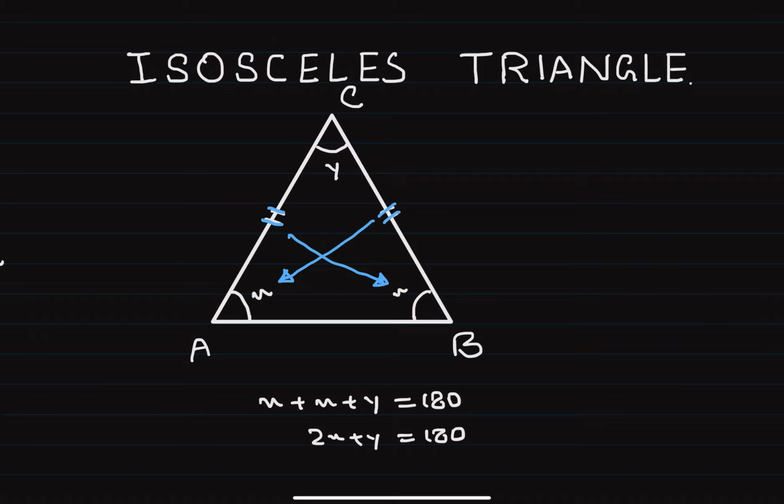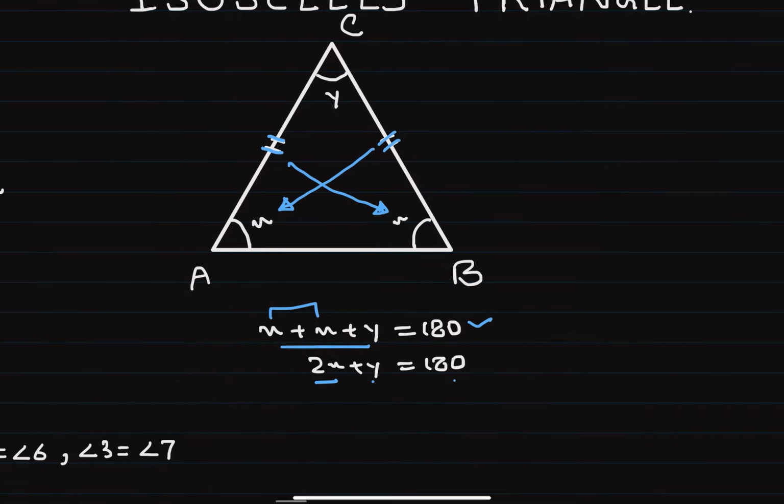And if we use the very same property that the sum of these 3 angles equals 180, then x plus x is 2x plus y equals 180. That means if I know any one angle in this isosceles triangle, I can find out the remaining, right?